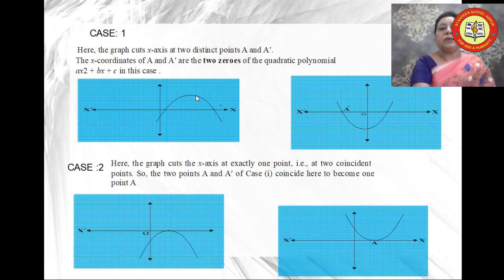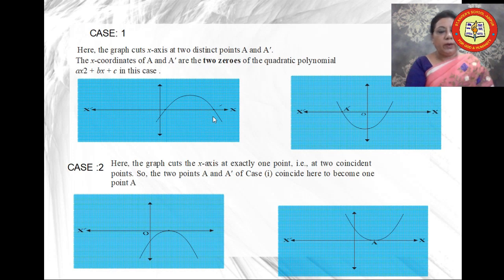Now here you can see the parabola is open downward, whereas in this neighboring picture you can see that the parabola is open upward. In both the cases, the number of zeros is 2 because the graph intersects the x-axis in two distinct points. When do we get a graph open downward?